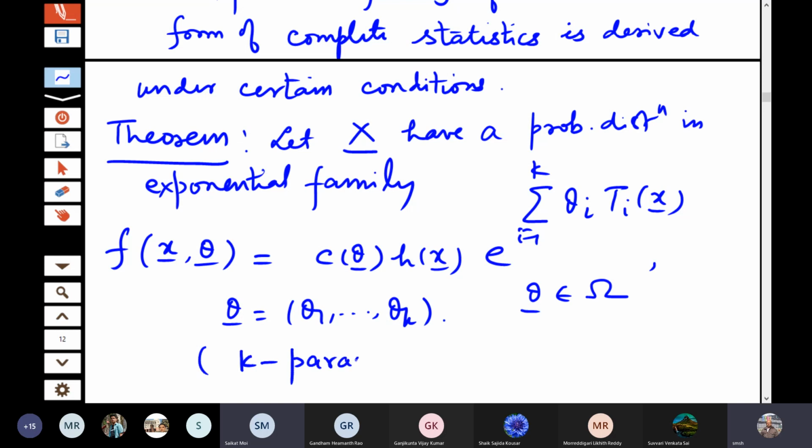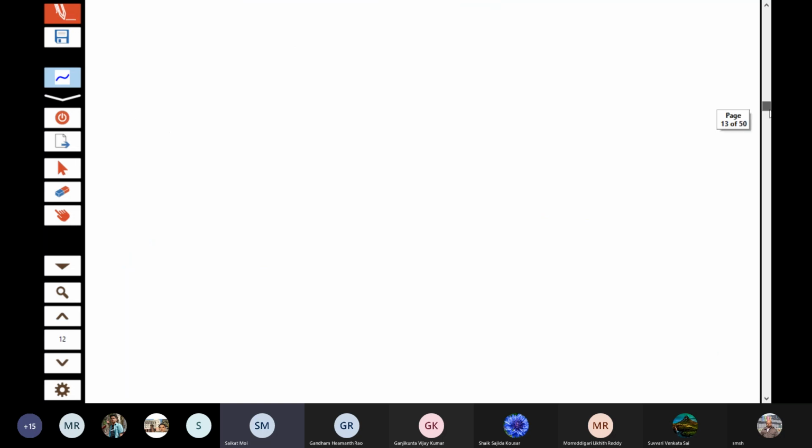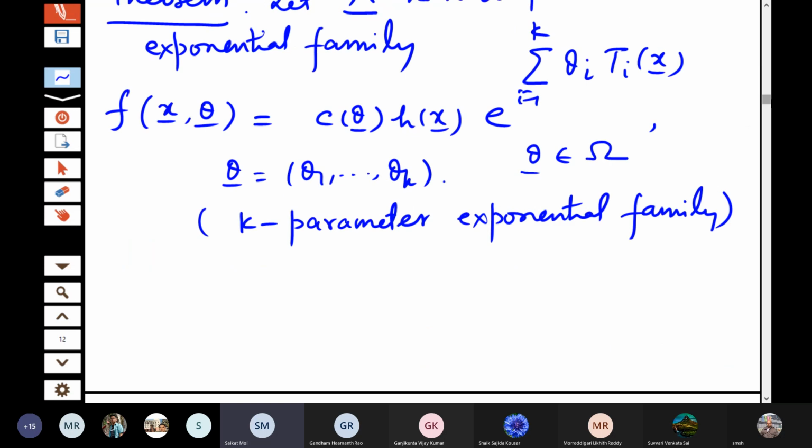This I introduced earlier when I was doing the concept of lower bounds. If you apply the factorization theorem, we have seen that T1, T2, Tk will be sufficient statistics if the parameters theta 1, theta 2, theta k are linearly independent. That we have seen here.